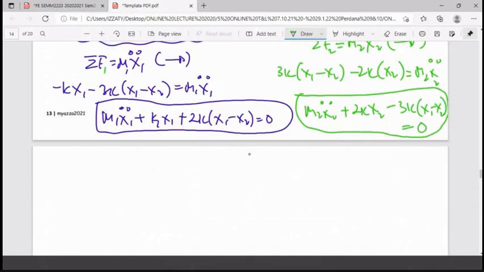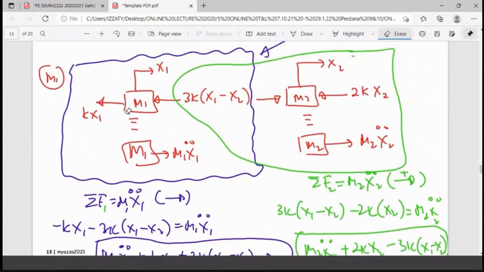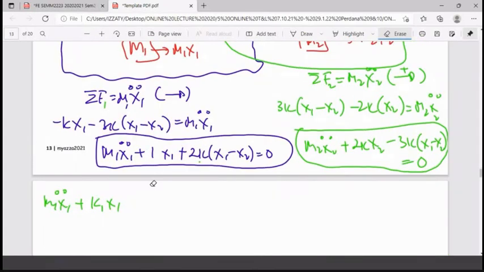Then you open up the brackets for both, yeah? You have M1 X1 double dot, plus K X1. Sorry, this is not K1, it is only K, otherwise it becomes another variable.